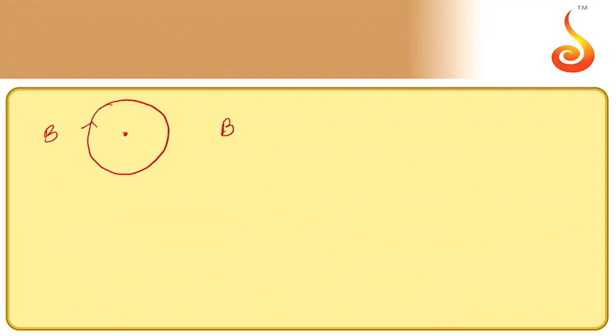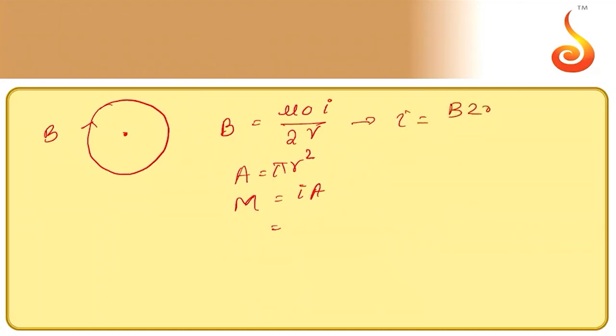We know that the magnetic field is given by mu naught I divided by 2r at the center of a circular coil, and area A is pi r square and magnetic moment is I into A. So I can write from this expression I is equal to B into 2r divided by mu naught, and from this expression I can write r is equal to the square root of A divided by pi. So I'll substitute all these details.